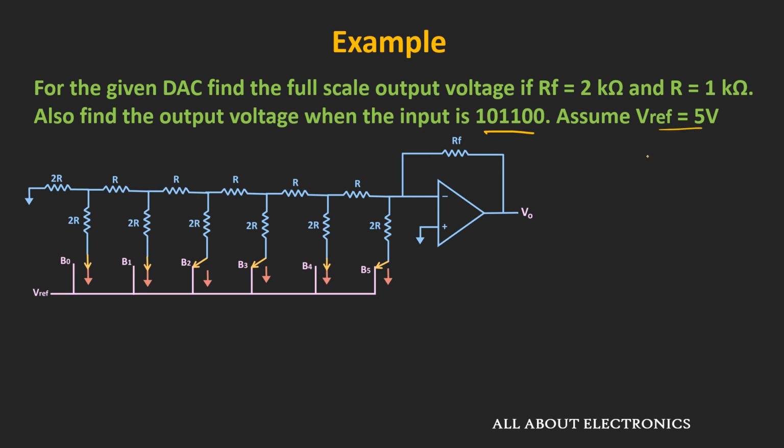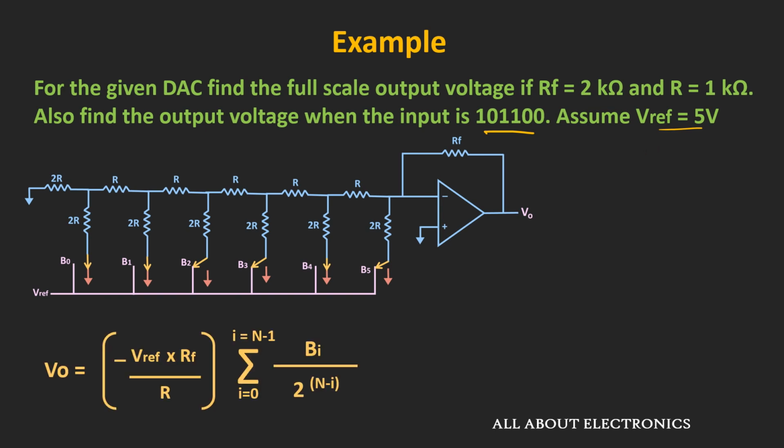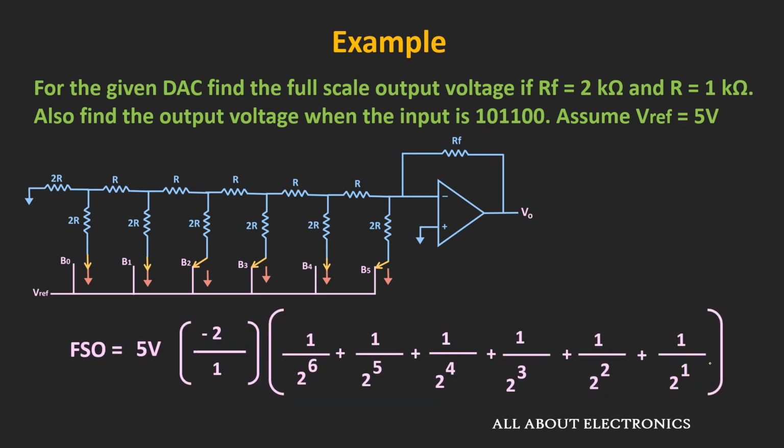So we know that for the R2R ladder type of DAC, the output voltage Vout can be given by this expression. So here we will get the full scale output voltage when all the bits are 1. And if you closely observe, this given circuit is a 6-bit DAC. So considering all the ones, the full scale output voltage will be equal to 5 volt multiplied by minus RF divided by R, or minus 2 by 1, times summation of 1 divided by 2 to the power 6 to 1 divided by 2 to the power 1.